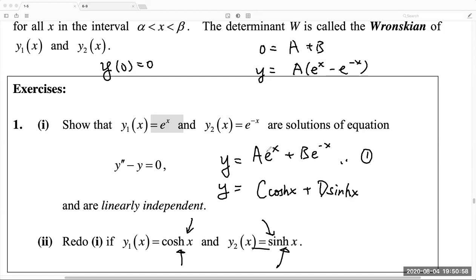But if we use the second equation, when you substitute in the formula, you get 0 equals c cosh 0, which is 1, so you get c equals 0, since sinh 0 is 0. That means the equation can be simplified to this one. This one looks much better.